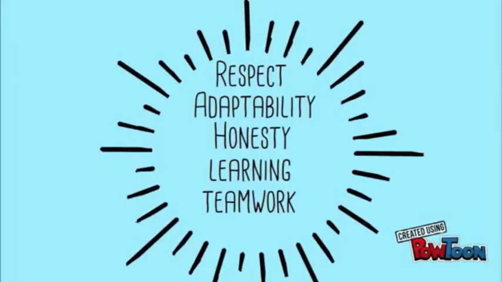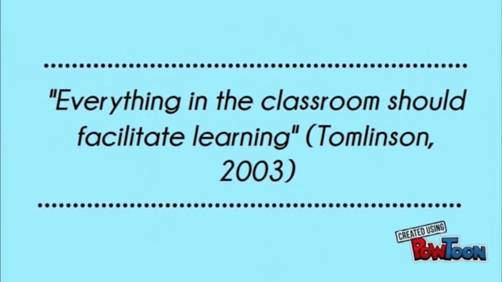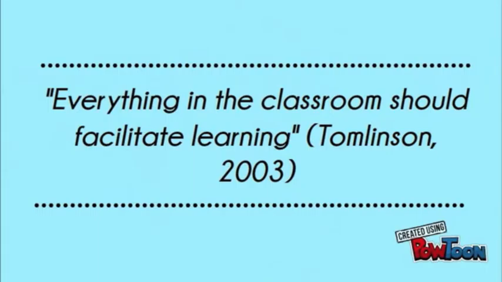When looking at the school site as a whole, it reflects a good example of a learning environment that supports diverse learners and inclusivity. Tomlinson states that everything in the classroom should facilitate learning. Many of the classrooms and shared learning spaces reflect the type of classroom that Tomlinson suggests is necessary for effective differentiation. The school strives to have a strong community focus that is also inclusive of families or students.